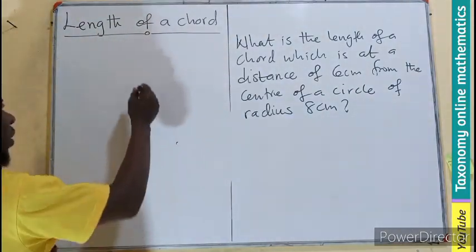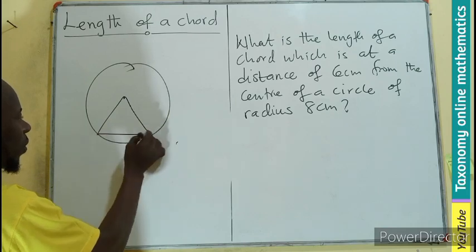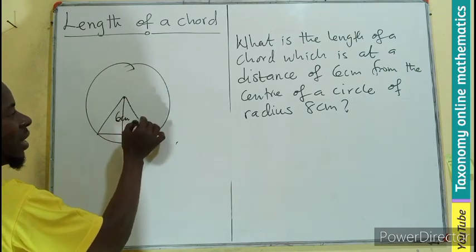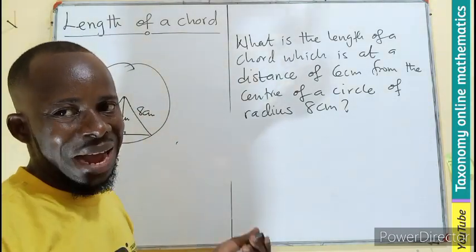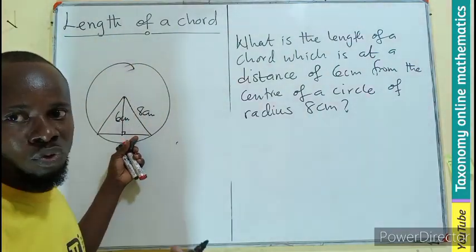We can make a sketch of that diagram. Then we have the distance from the center to be 6 centimeters, the radius to be 8 centimeters. So per the use of Pythagoras theorem, we can find this and we multiply by 2.